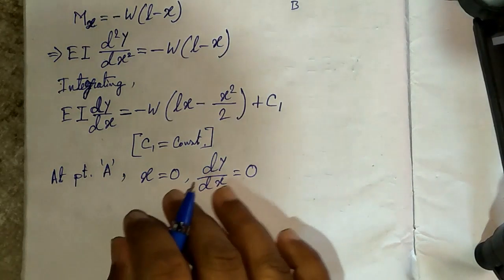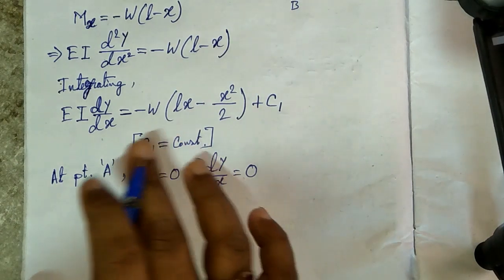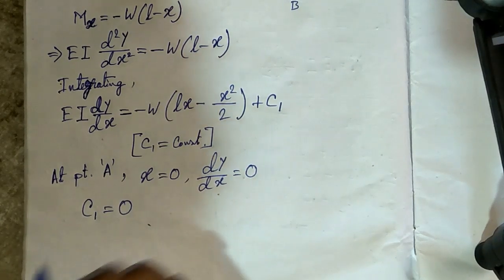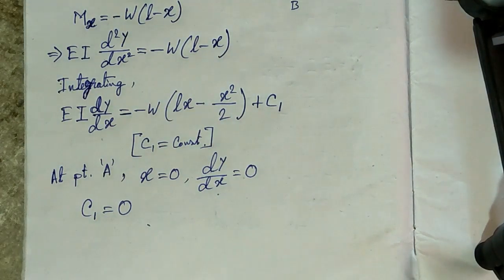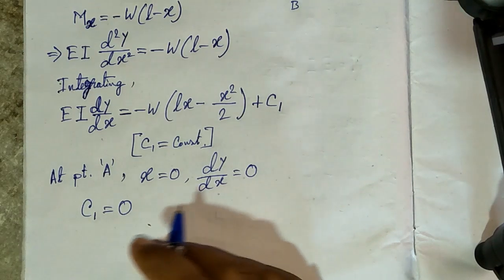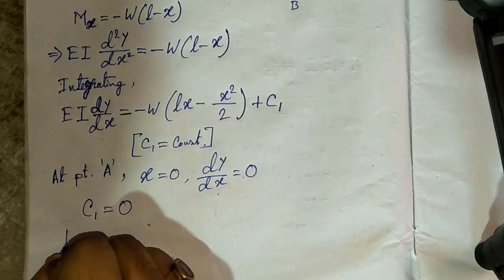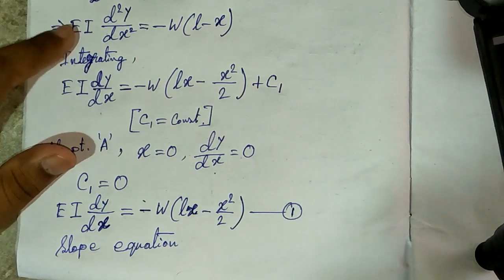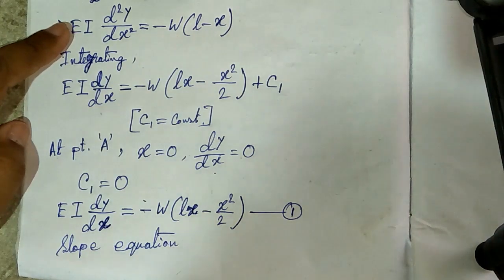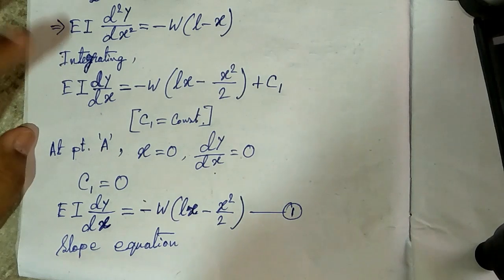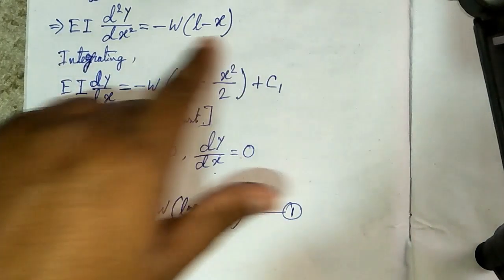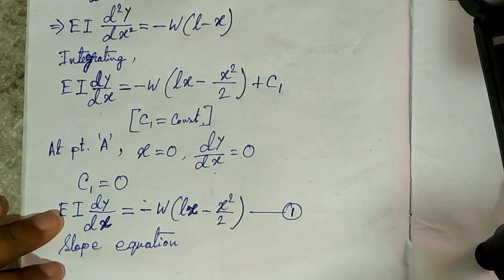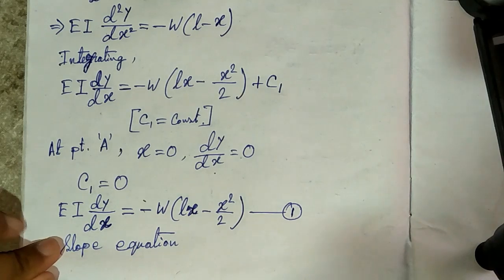By applying these two boundary conditions to the above equation, we find c1 equals 0. So after the first integration of the deflection equation, applying this boundary condition, we get the equation which is called the slope equation.